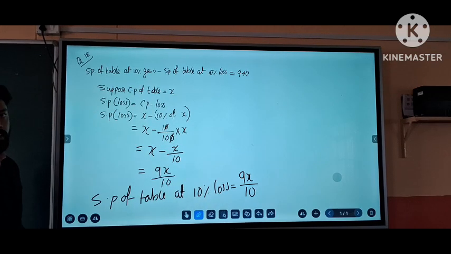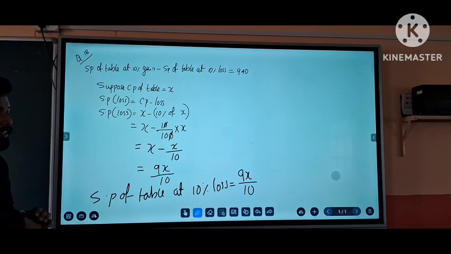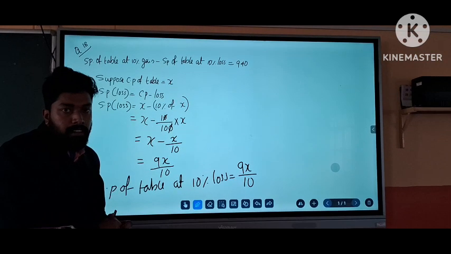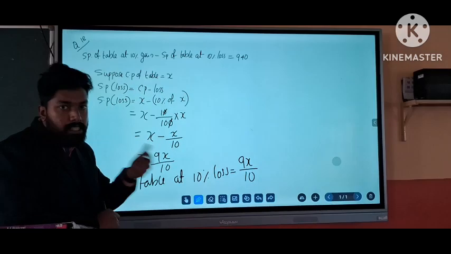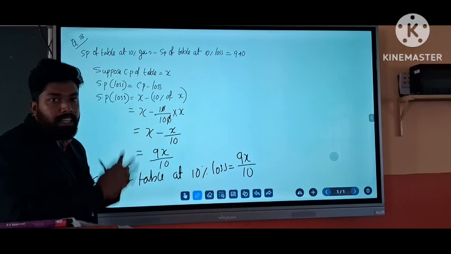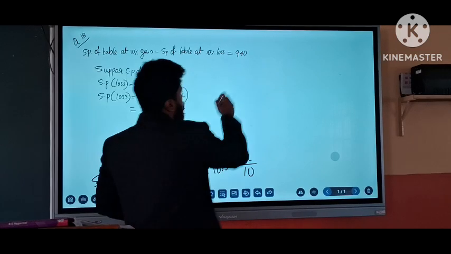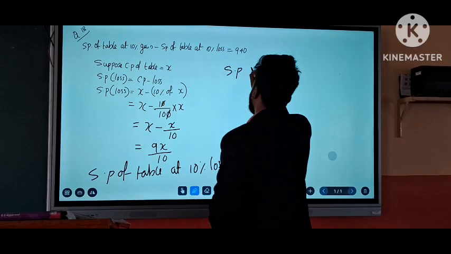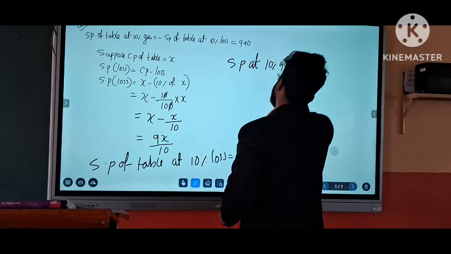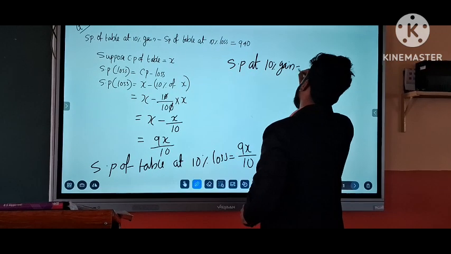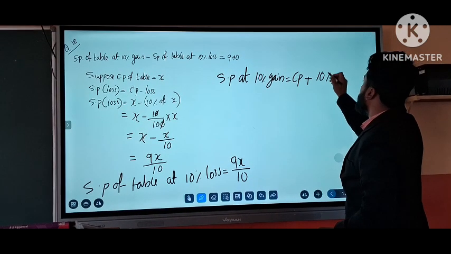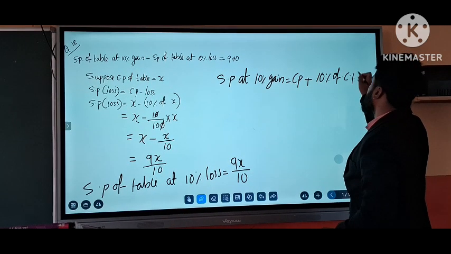Is it clear? Now we find the selling price of the table at 10% gain. When it is a gain, cost price plus something we get from the business, then we can say that the business is a gainful one. So selling price at 10% gain is equal to cost price plus 10% of cost price.